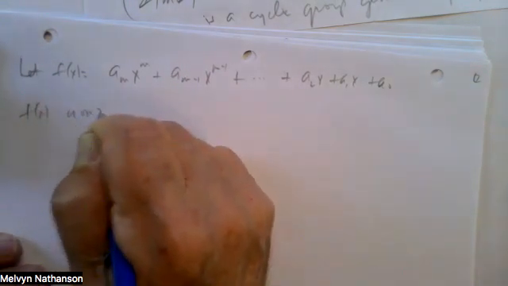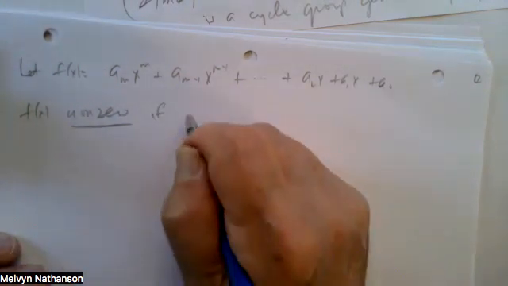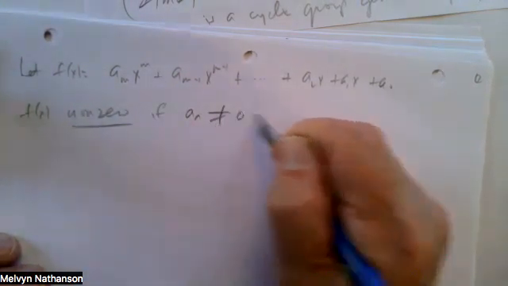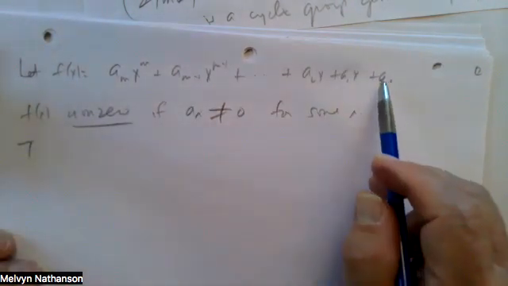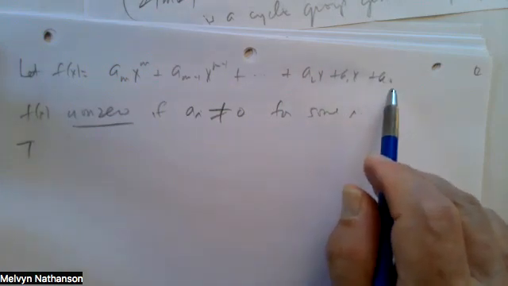And we say f of x is non-zero if at least one of the coefficients is different from 0. If a_i is different from 0 for some i, then we know that one of these, maybe all, but at least one of the coefficients is non-zero.